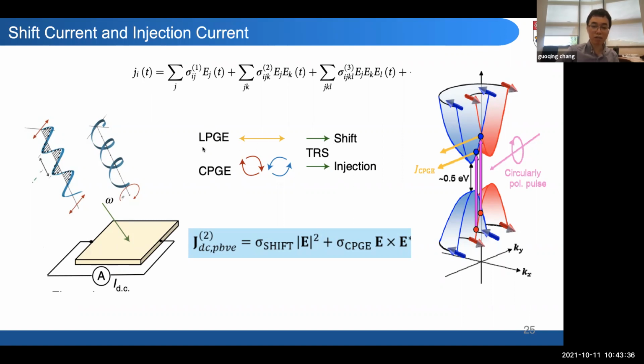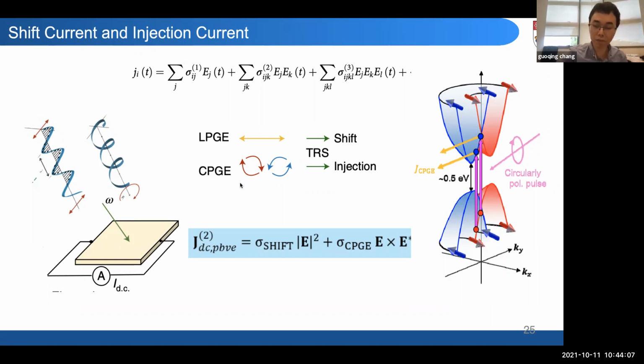The current induced by the linear laser is called the shift current. The current induced by the circularly polarized laser we define as the injection current. In the early days, people tried to study the CPGE or shift LPGE mostly in ferroelectric materials or usually semiconductors, because they are supposed to have much larger photocurrents.